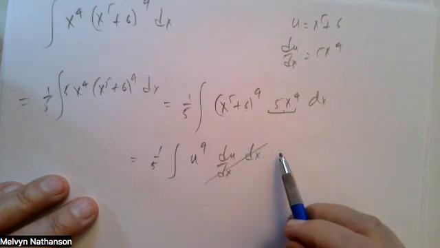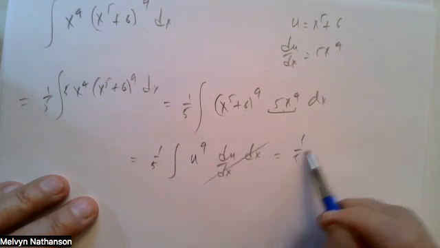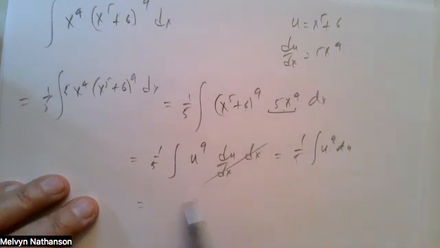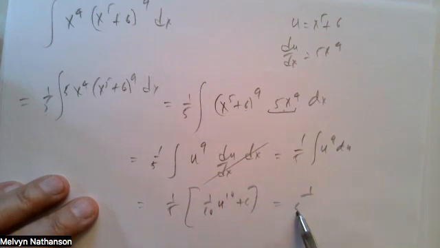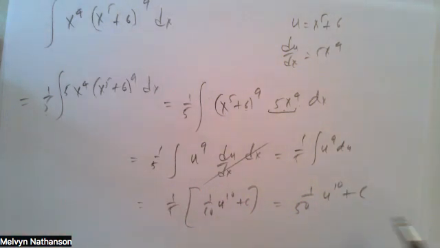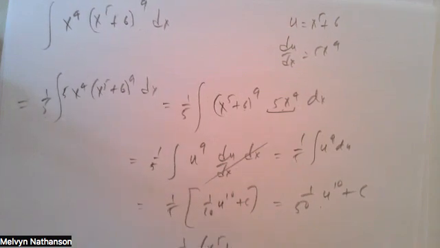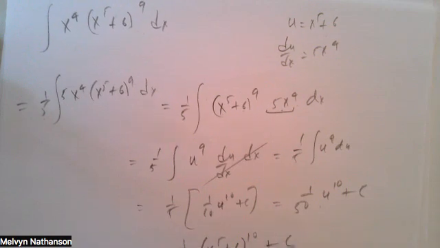It's almost like you cancel these. You get 1/5 integral of u to the 9th du. The integral of u to the 9th is 1/10 u to the 10th plus a constant. So we get 1/50 u to the 10th plus a constant. But u is x to the 5th plus 6, so that's 1/50 (x to the 5th plus 6) to the 10th plus a constant.